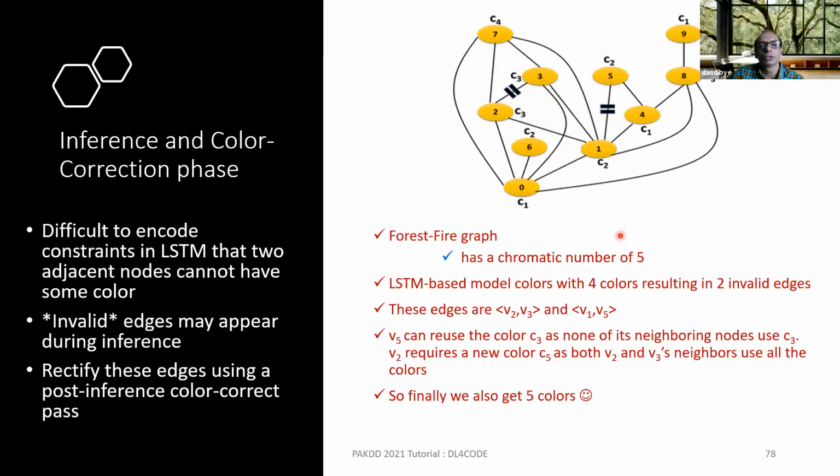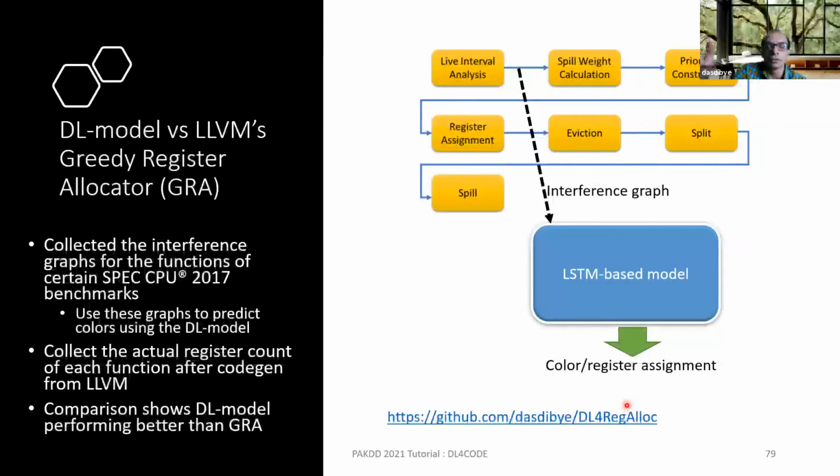So what happens with this color correction is you are either able to use one of the existing colors, or if not, in the worst case, you have to put a new color. As you put new colors, your solution deteriorates and goes further and further from the optimal. But in some cases, it doesn't. For example, here we are able to get 5 colors even after correction, which is actually a very nice result.